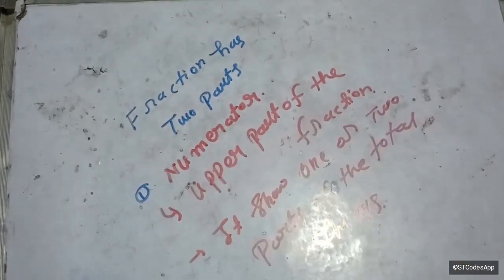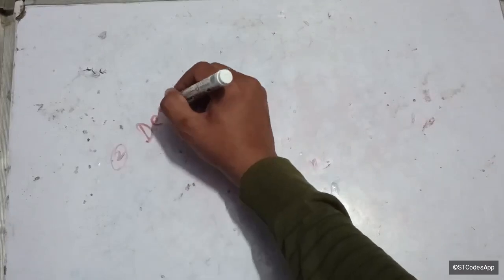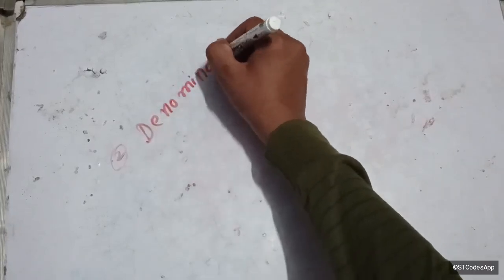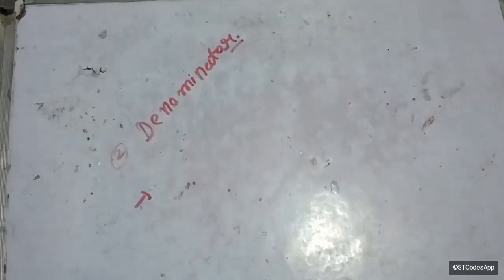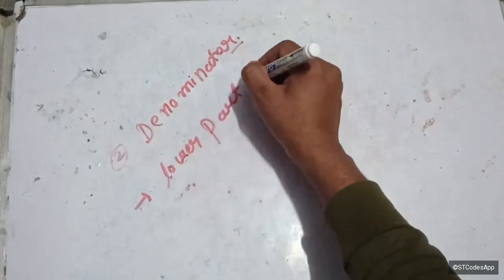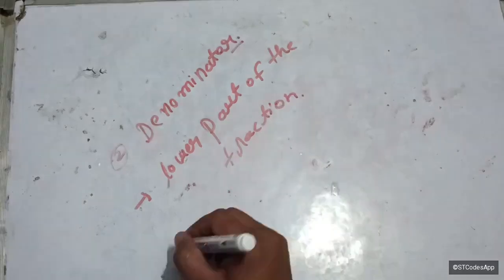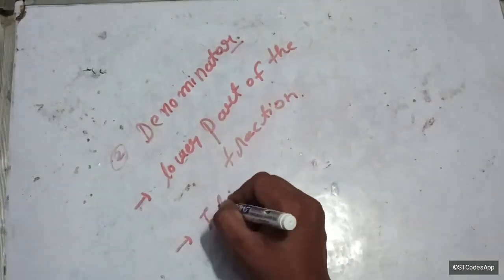Second is the denominator. So what is the denominator? It is the lower part of the fraction, or you can say it is the total number of the fraction.